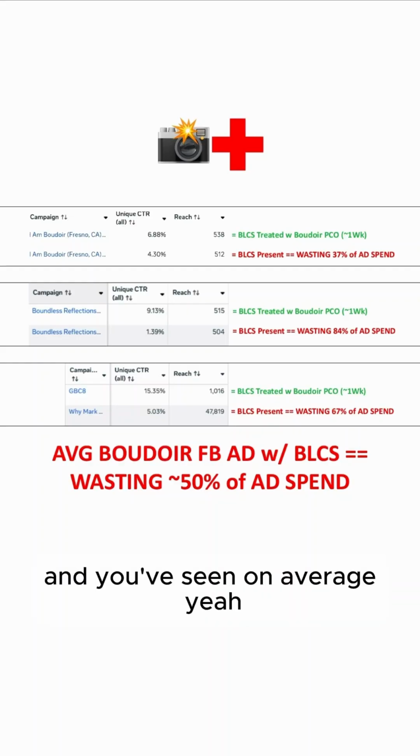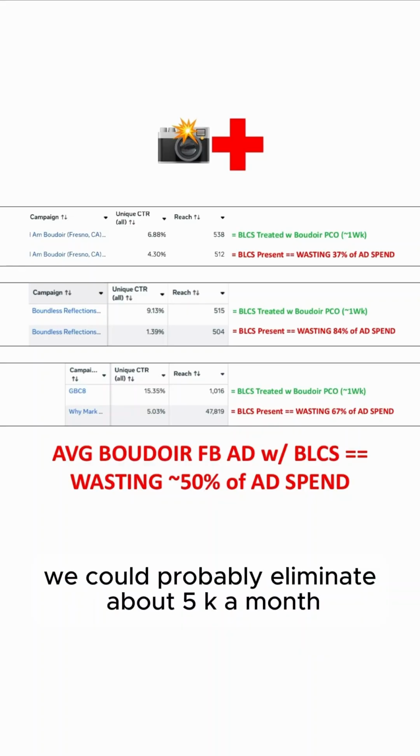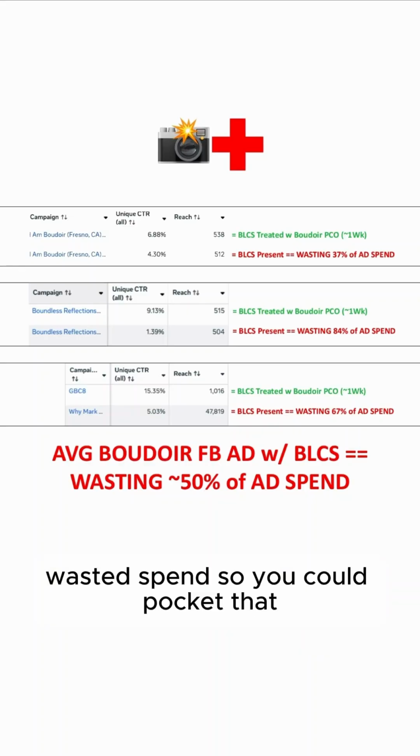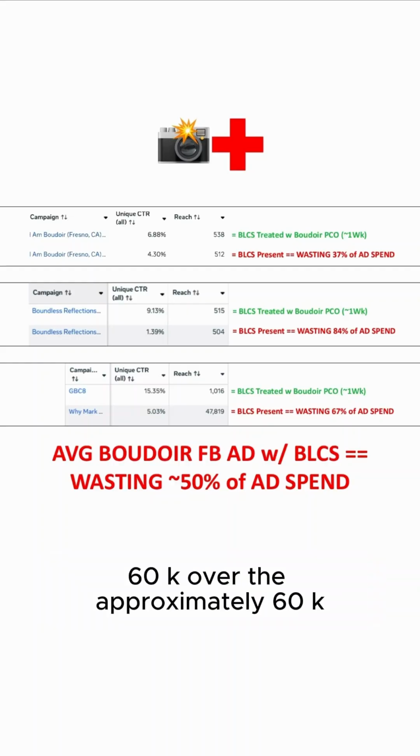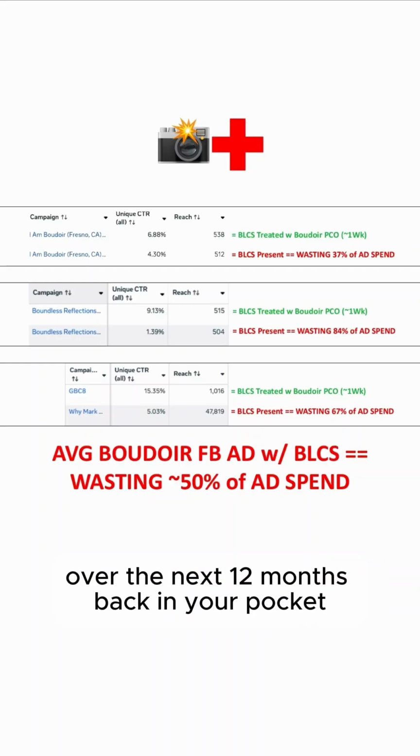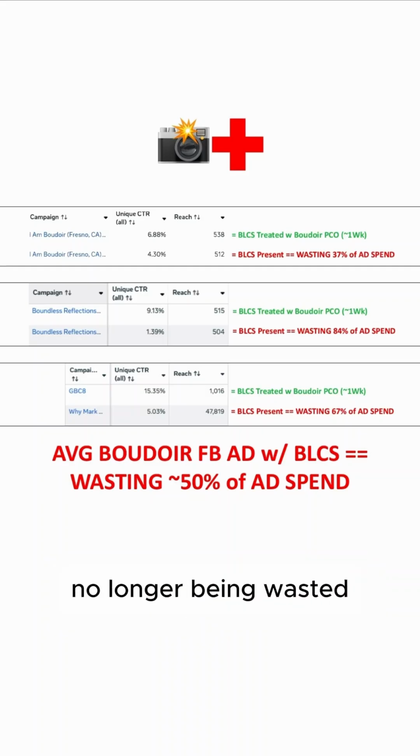And you've seen that on average, yeah, we could probably eliminate about 5K a month in wasted spend. So you could pocket that and not have to pay that to the Zuck anymore. Approximately 60K over the next 12 months back in your pocket, no longer being wasted.